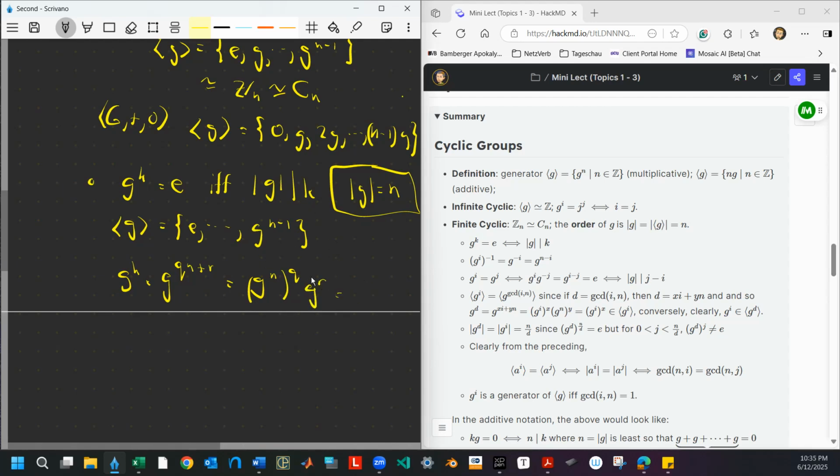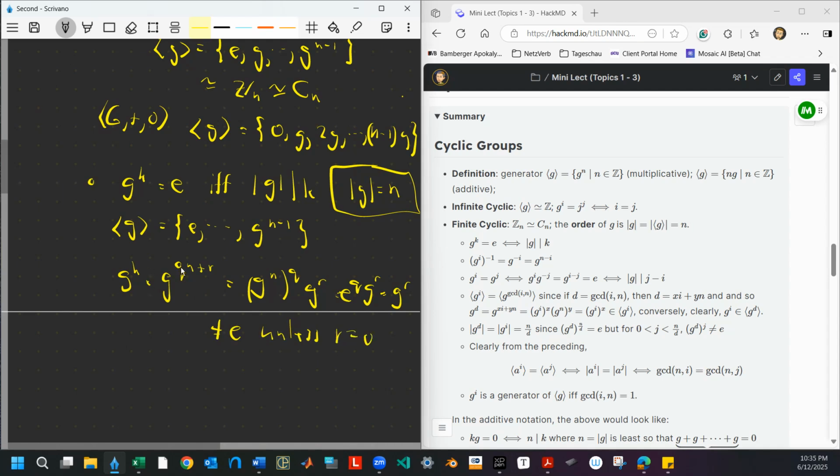This is e, so this is e^q g^r, so this is just g^r, like that. And in particular, g^r is not e unless r equals 0, right?